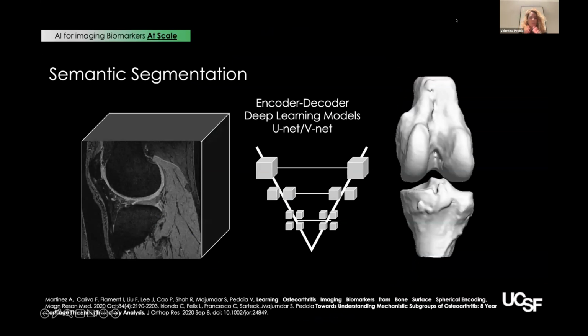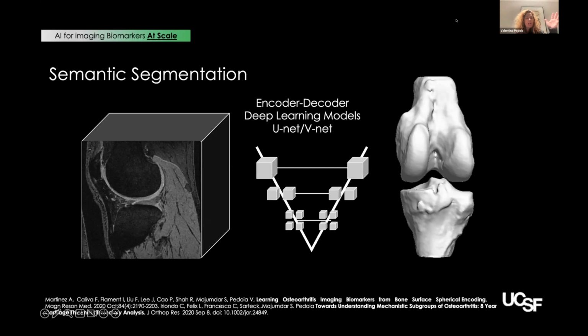My expertise in medical imaging and MRI is particularly in musculoskeletal and aging of the musculoskeletal system. We look at MRI, which are 3D volumes, and often we want to quantify anatomy and pathology within the joint. So we want to get biomarkers such as volume and shape, and to do that, we need to do semantic segmentation of the different tissues.